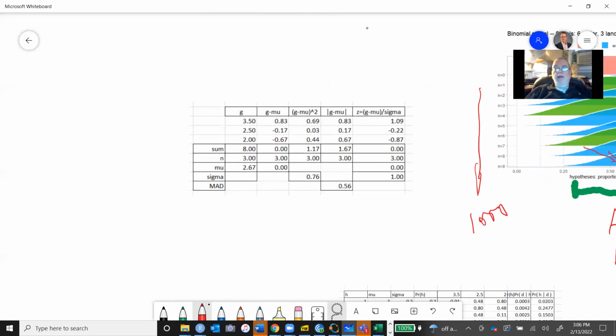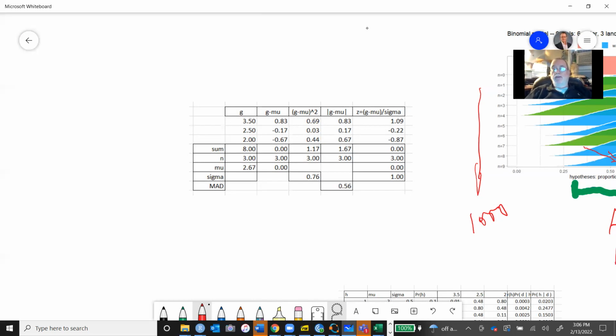We have three pieces of data. That's under the G column here: 3.5, 2.5, and 2.0, three different performance periods. We can add these numbers up and get 8 and divide by 3 to get an average.